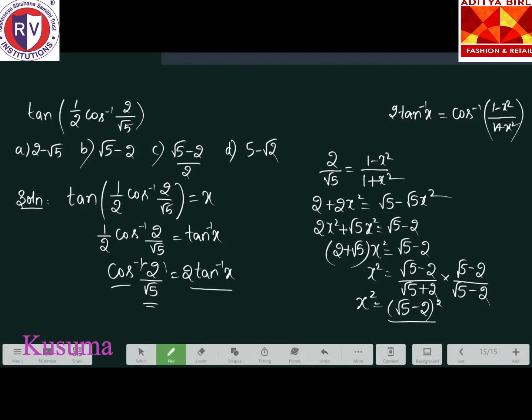So x square is root 5 minus 2, and that implies x is equal to root 5 minus 2. So this is your option B. Understood? Option B.